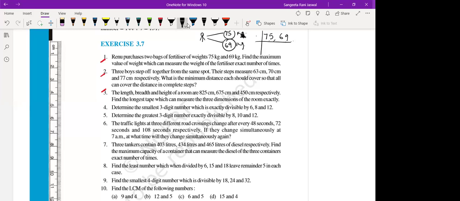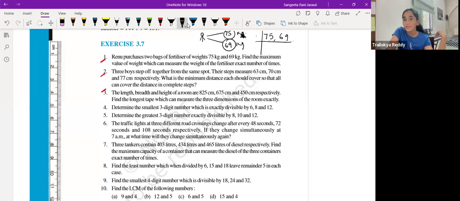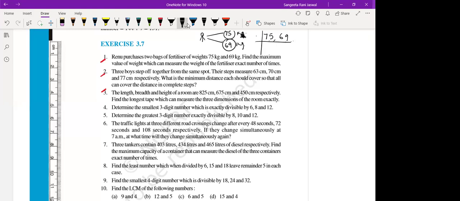Harshit, find out. Ma'am, it is 3. It's 3 kgs. So the maximum value of weight which can measure the weight of the fertilizer exact number of times is 3 kgs. That means we should have a scoop which can measure 3 kg at a time.